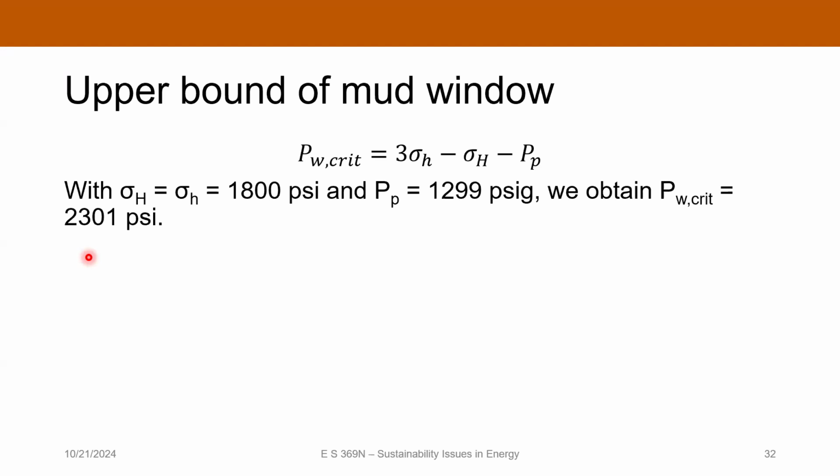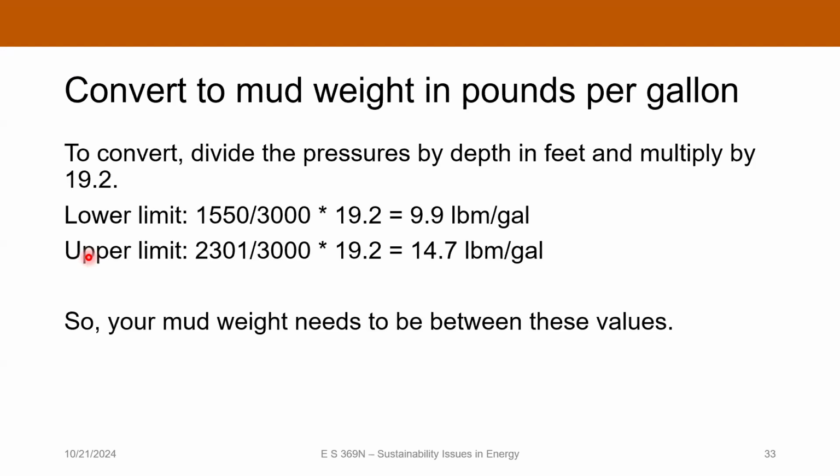There's a simple conversion that you can do: you take your pressure and convert that into equivalent density in pounds per gallon by doing the following. You take your pressure in psi and you divide it by the depth. That gives you an equivalent pressure gradient.